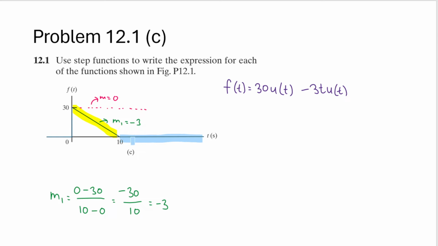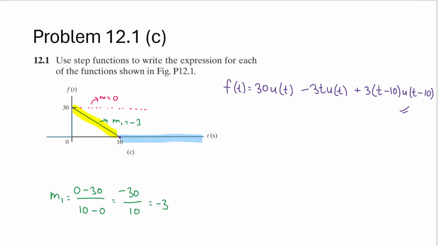We want the slope to be 0, so we need to add them up. So we'll have plus 3, and it starts at 10, so we will have t minus 10, and then u(t minus 10). And this is the answer for this question.